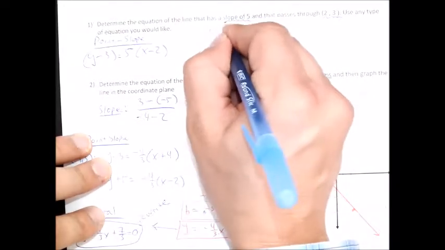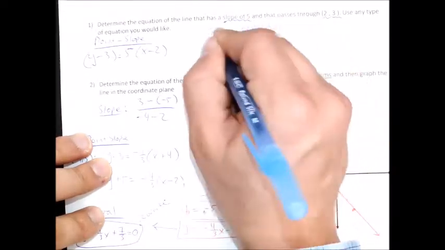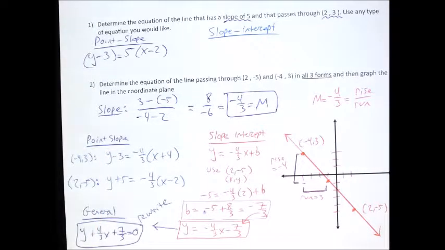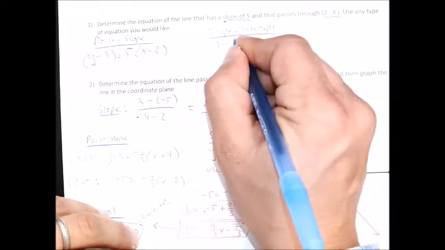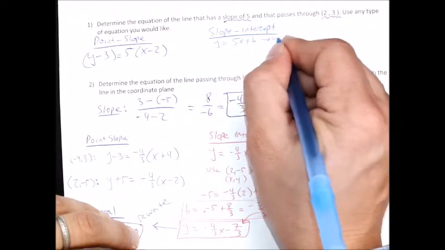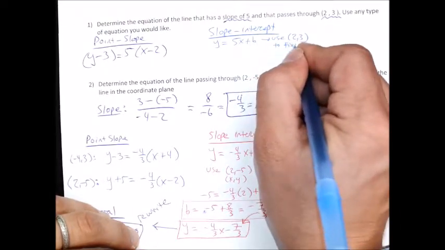If we want the slope-intercept form, we have a slope, but we don't quite have the intercept yet. And so we have something that looks like y equals 5x plus b. And now you want to use (2, 3) to find b.